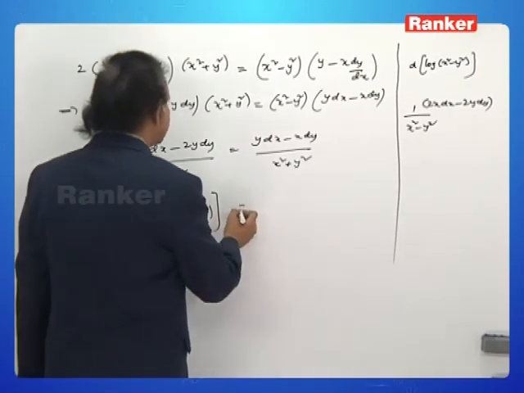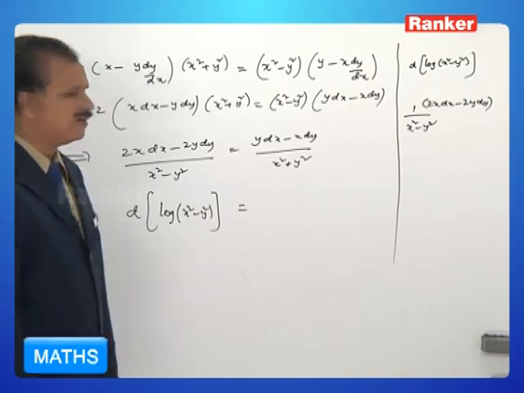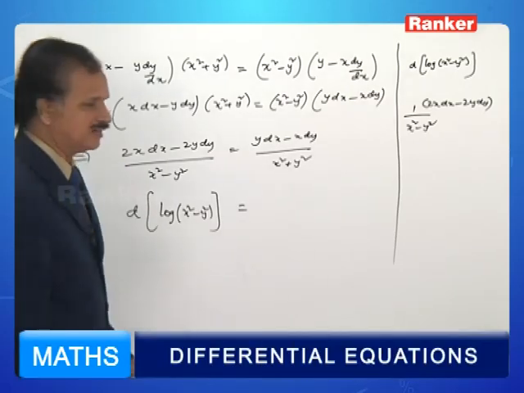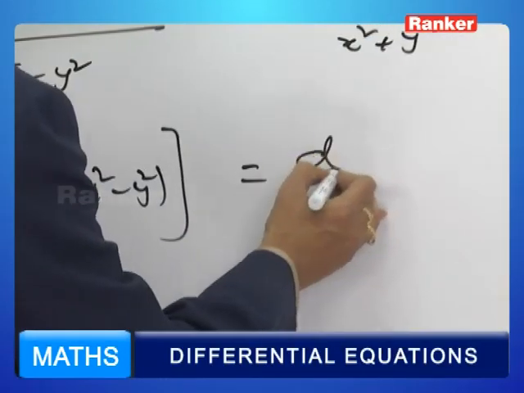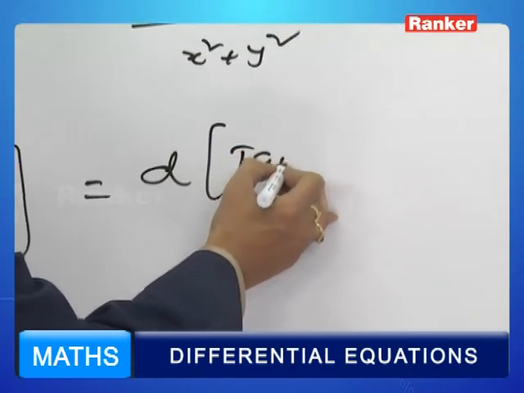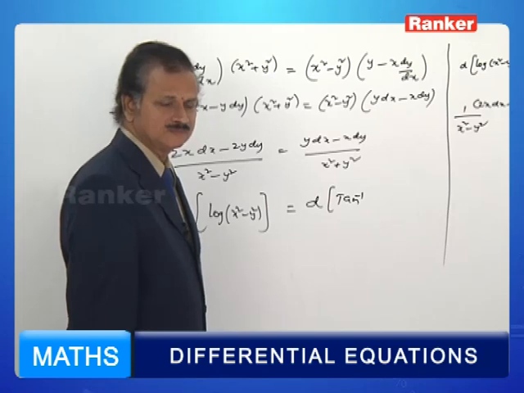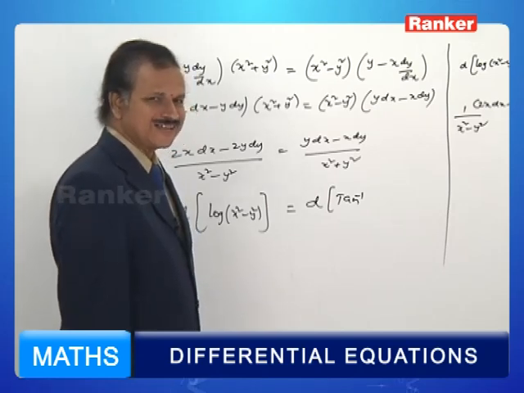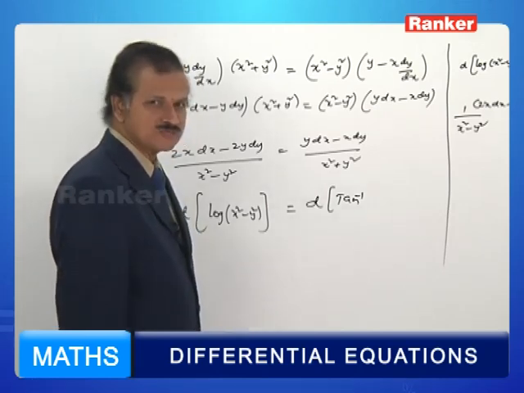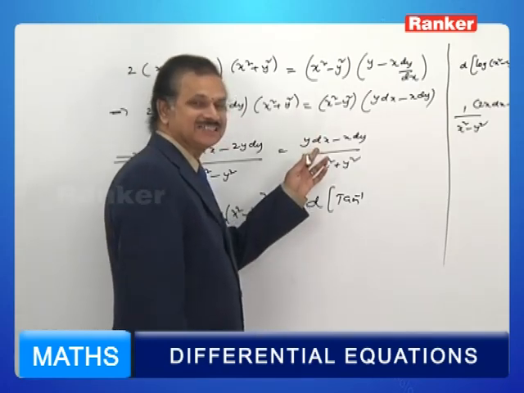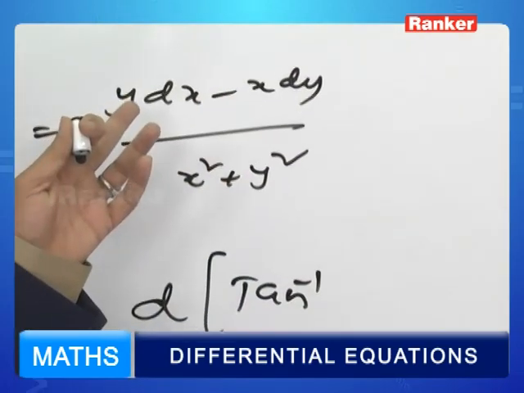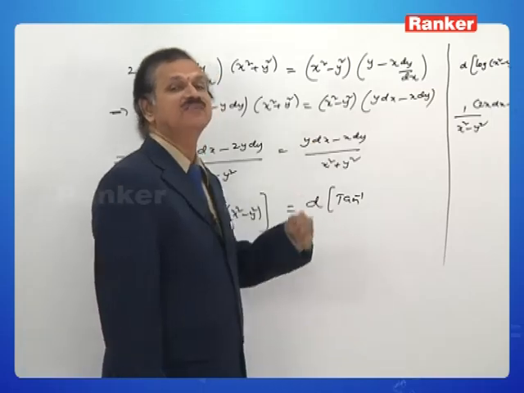And you observe the right hand side. It is one of the famous differentials. It is nothing but d of tan inverse x by y or y by x. How to recollect? How to point it out? Y dx is started here, so it is d of x by y.